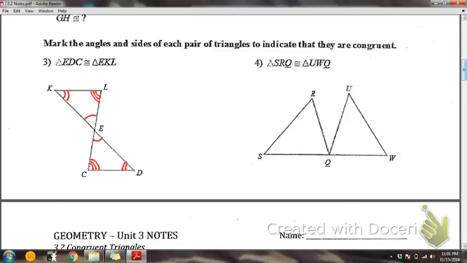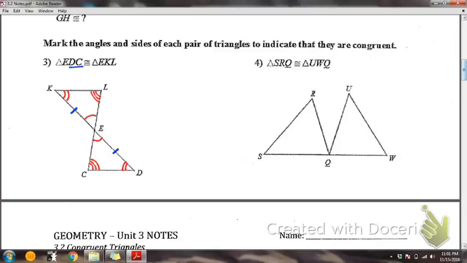So we're looking at the first two, ED. So ED goes with EK. The first two goes with the first two. So ED is 1 hash mark, goes with EK, that's another single hash mark. Alright, now let's look at the second two.